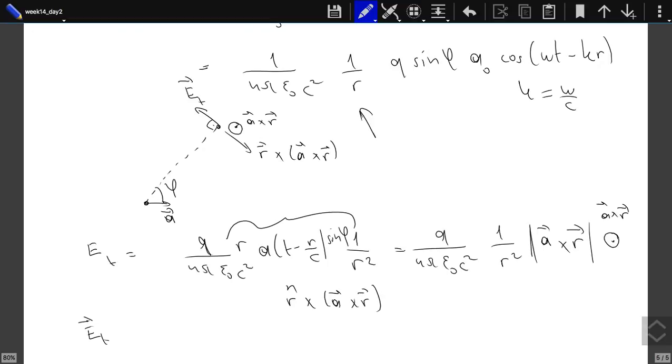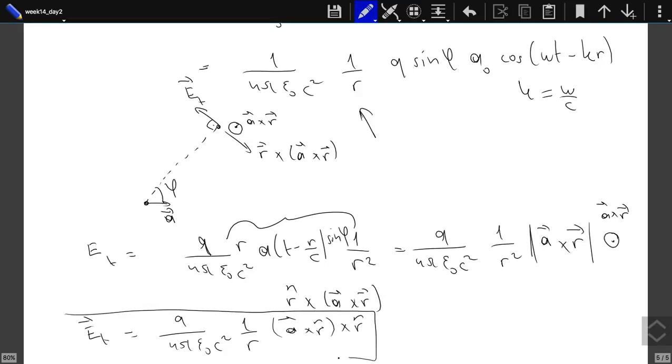So let's see. This electric field, the tangential component or the radiation field, is equal to q over 4 pi epsilon 0 c squared, 1 over r, a cross r hat cross r hat.